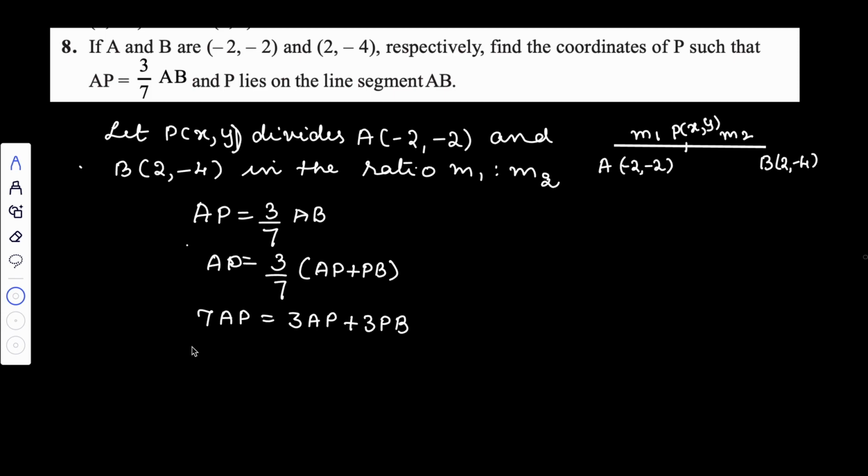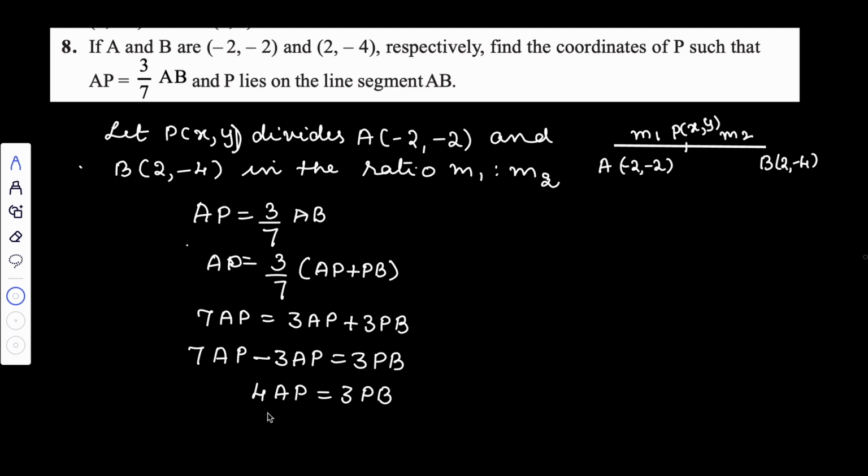Now AP will shift to one side, 7AP minus 3AP is equal to 3PB. 7AP minus 3AP is 4AP is equal to 3PB.